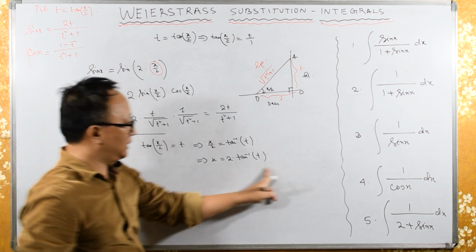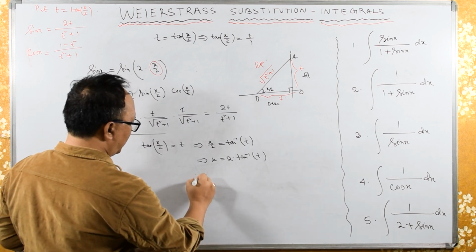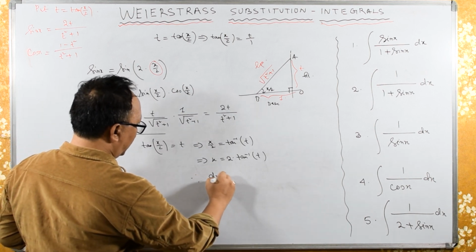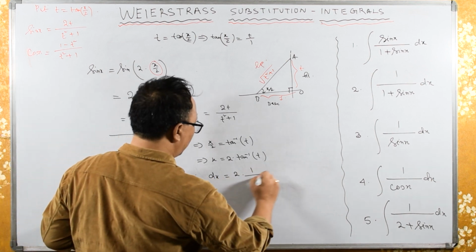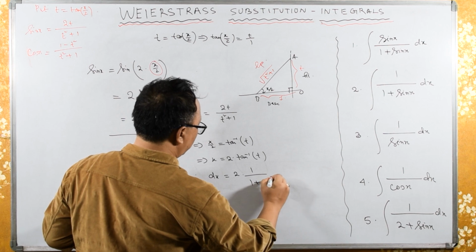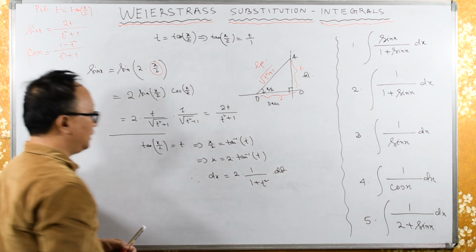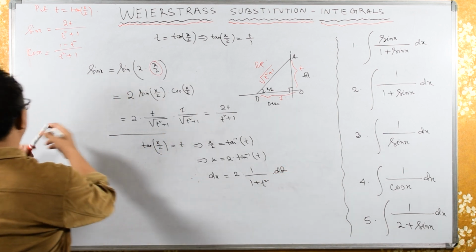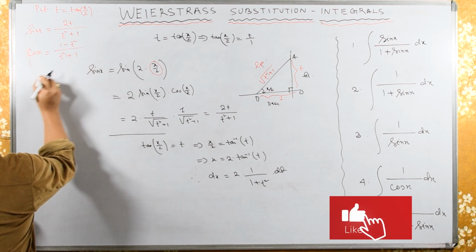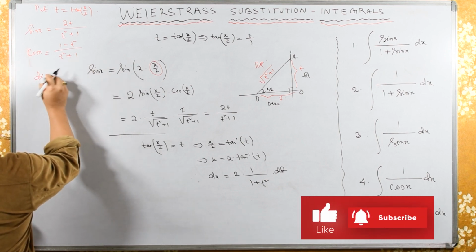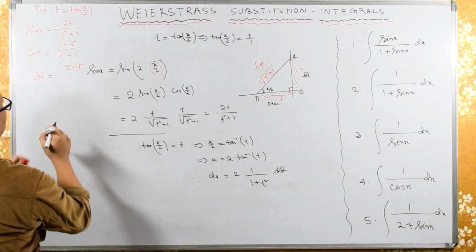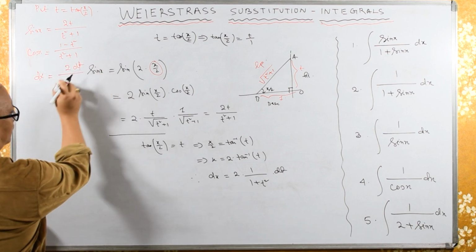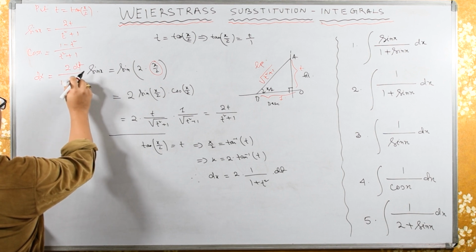Now differentiating this, dx equals 2, and the differentiation of tan inverse t is 1 upon 1 plus t square into dt. Therefore dx is twice dt upon 1 plus t square.